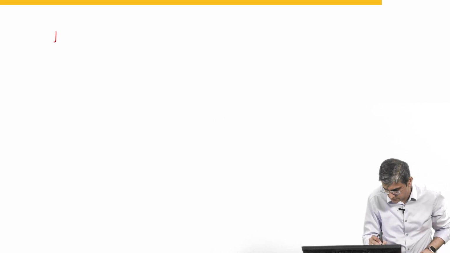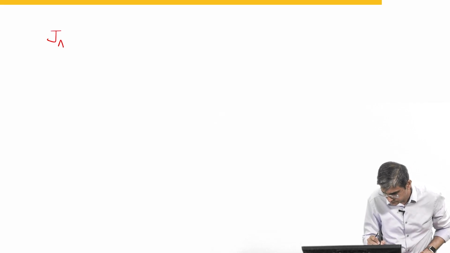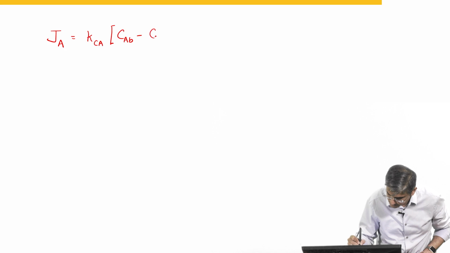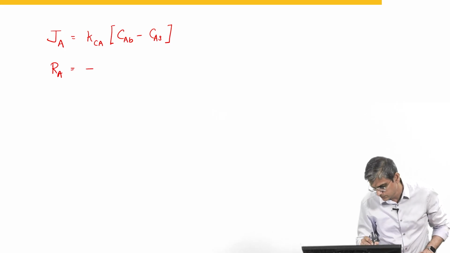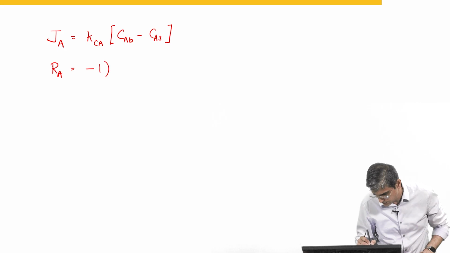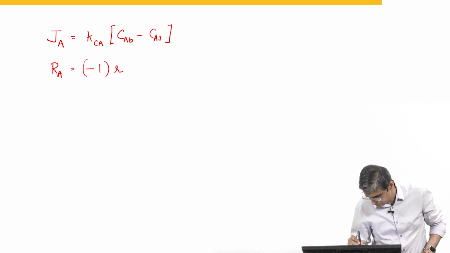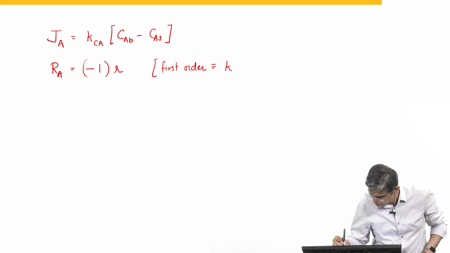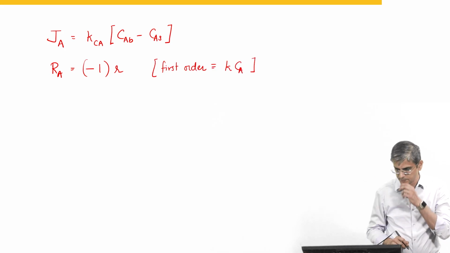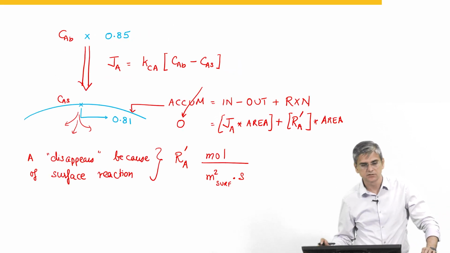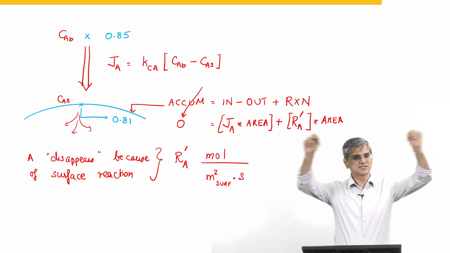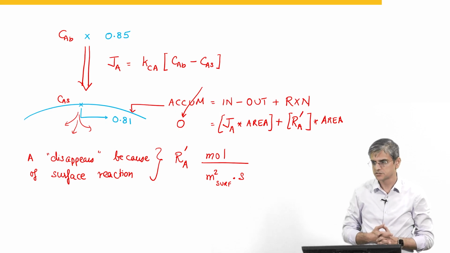So, let us write R dash. The surface does not have a volume, that is why we are taking R dash.